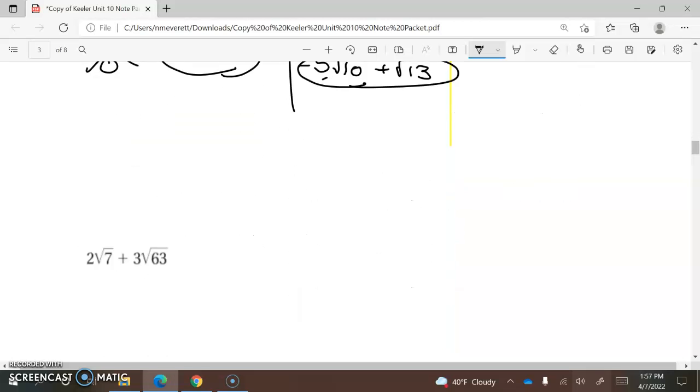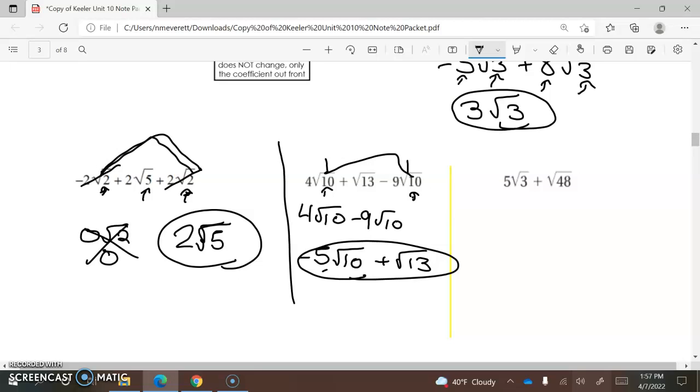Okay, let me make sure I got a couple there. So I've got 5 square root of 3 plus the square root of 48. Now, I have only 2 terms here, and automatically they are not the same. If they're not the same, what I can do is simplify the square root down, just like I did above in 10.1, excuse me.